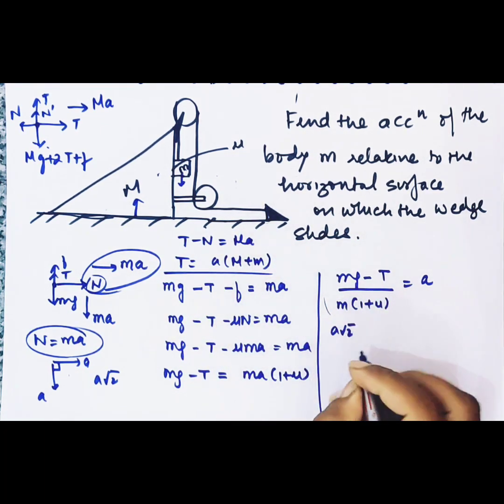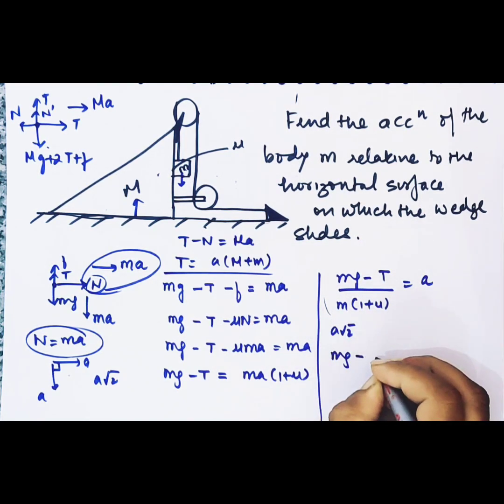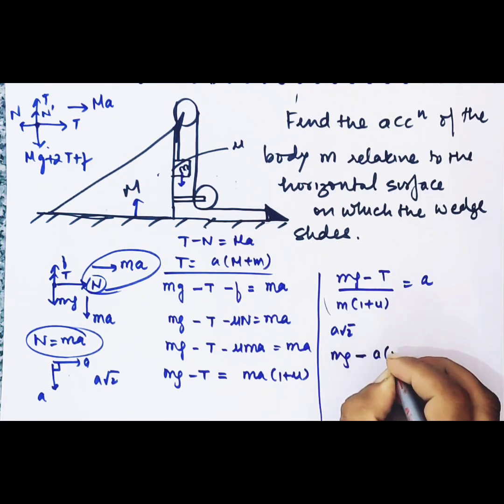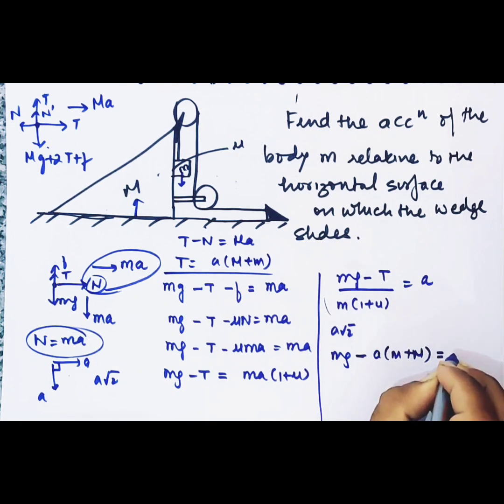Now let's put it here and we get Mg minus T is a(M plus m). Let's take it there only, because a has to be solved. (M plus m) is equal to ma(M)(1 plus mu).